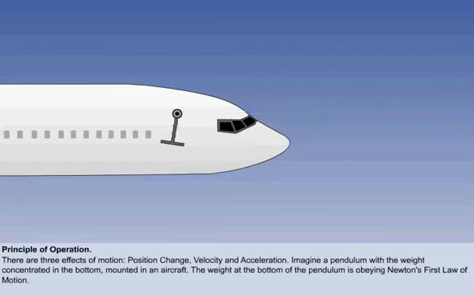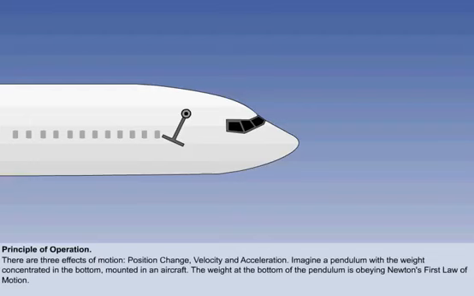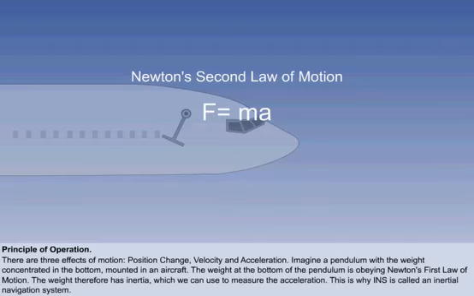It appears to us that the weight is swinging backwards, but in fact the weight is maintaining uniform motion. The aircraft is accelerating ahead of it. The weight therefore has inertia, and we can use it to measure the acceleration. This is why it is called an inertial navigation system.